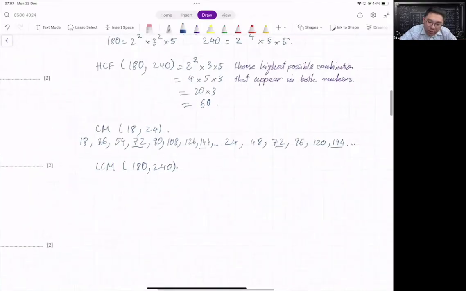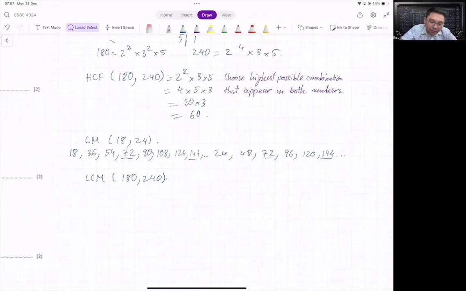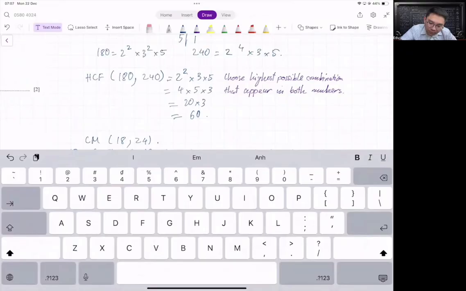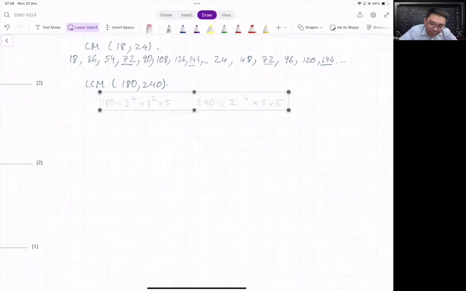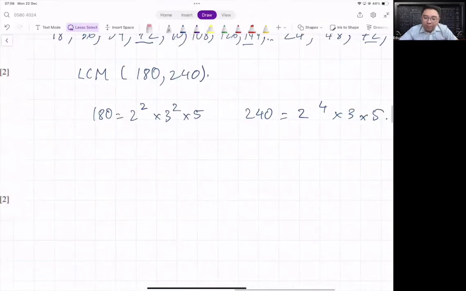Okay, and just now we got the prime factorized product here. So I'm going to copy. And yeah, we are going to find the lowest common multiple.